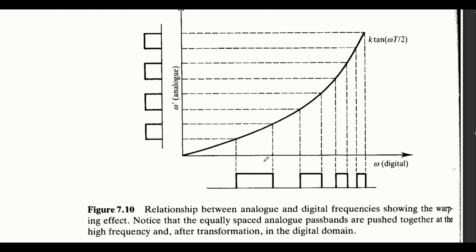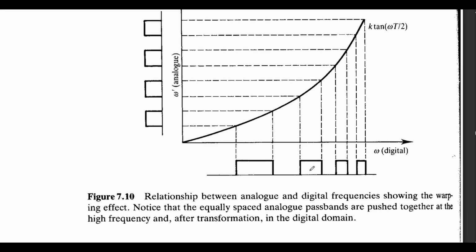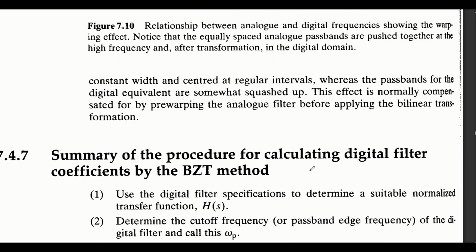Now coming to the digital domain, you realize that the weight of the various bands in the analog domain doesn't correspond to the same as the digital domain, right? So we have to prewarp the filter first to be able to get the corresponding frequency in the digital domain. And we will see an example of that, but just remember when we are doing that step that there is a point where we have to do something we call prewarping, and it's very necessary for our filter design procedure.